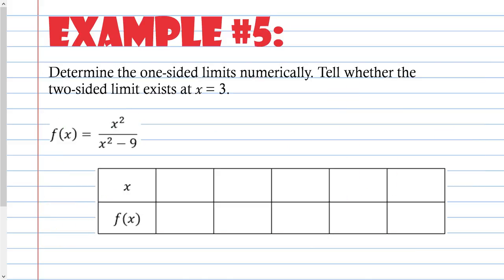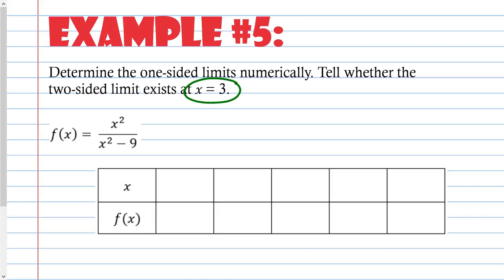All right, example 5. If you have an early copy of the notes, then this right here needs to be fixed. I left out the x equals 3 part. So here we're determining the one-sided limits numerically, and then telling whether the two-sided limit exists.